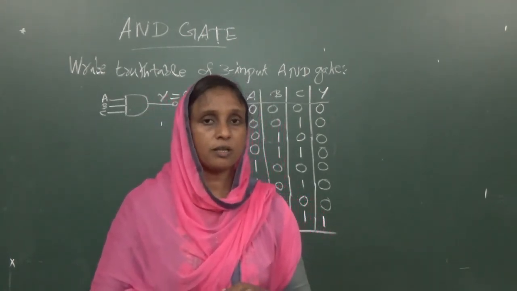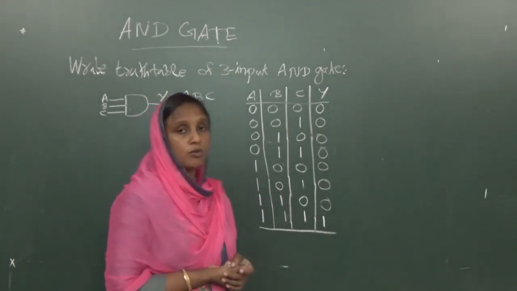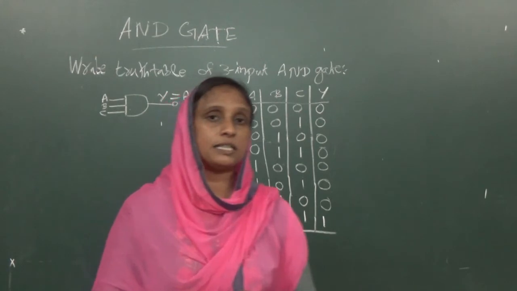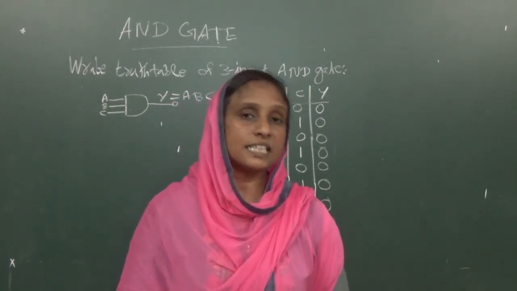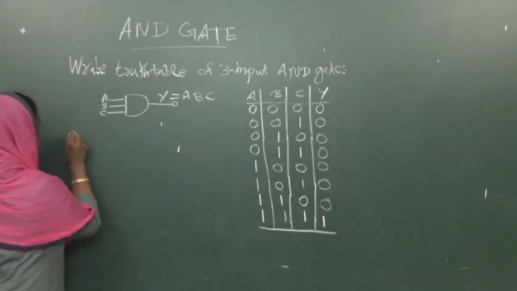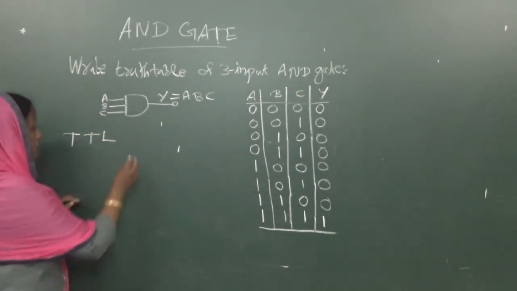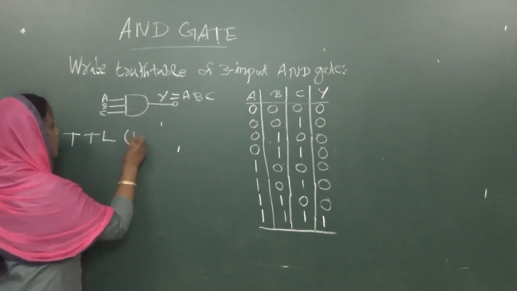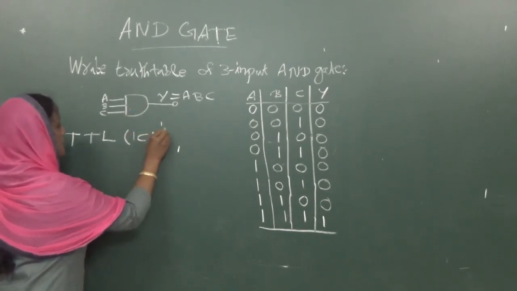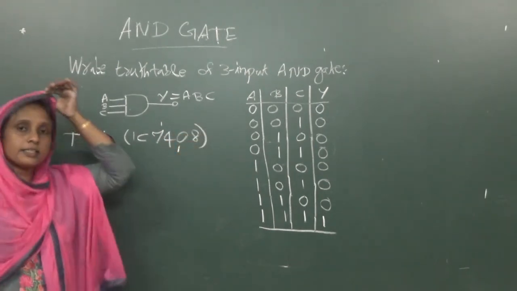For AND gates, the very common IC or TTL circuit is called IC 7408.